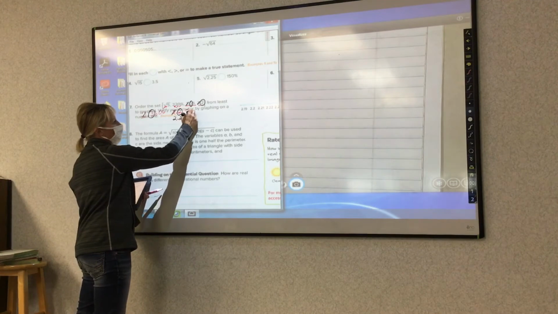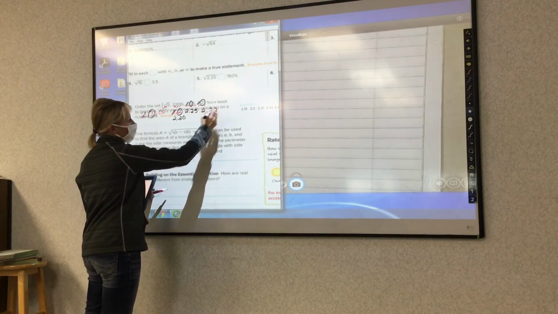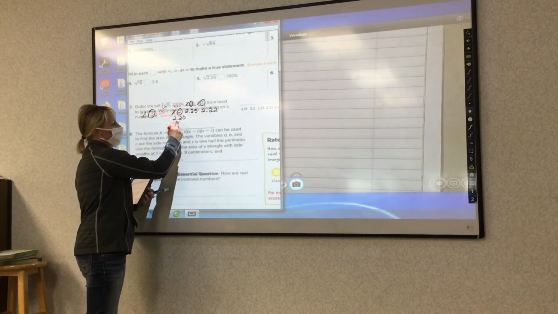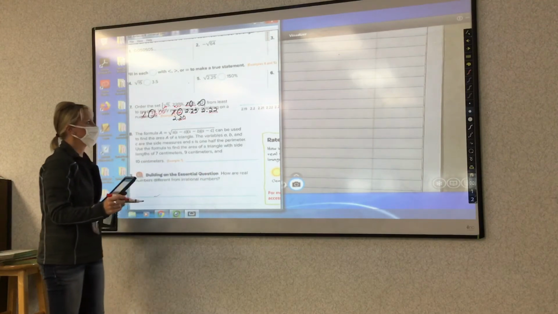This is 2.25, and this is like 2.22, because that 2 repeats. So then I can compare 20 to 25 to 22. Which one is the least?